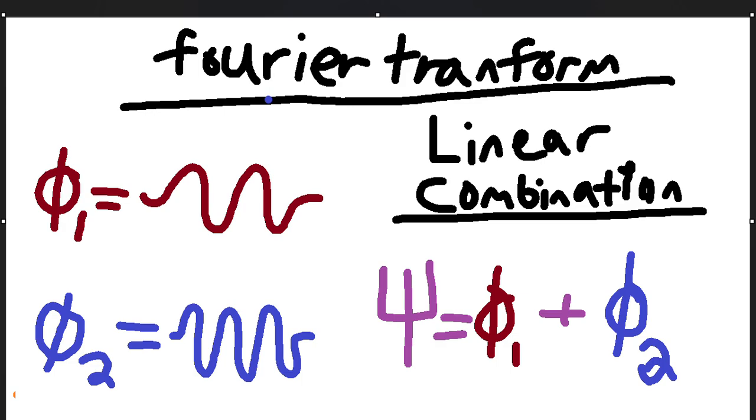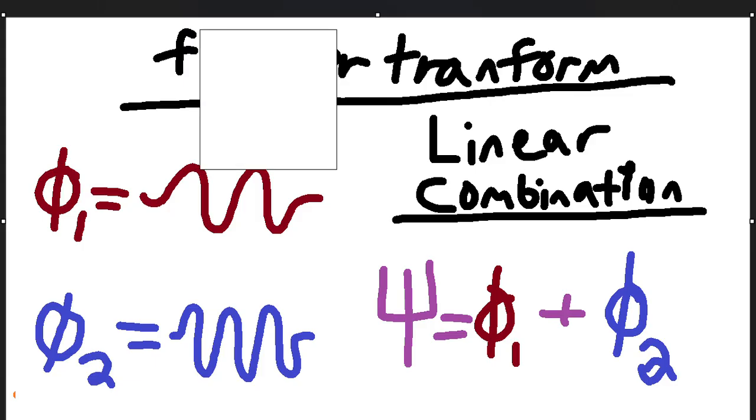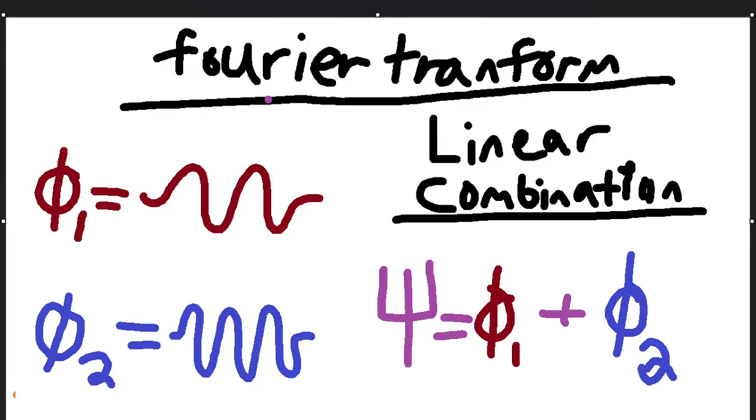Or, to better demonstrate this with a picture, I'm going to just put it off to the side. It might look a little bit like this. You might know this if you've ever been in a band.